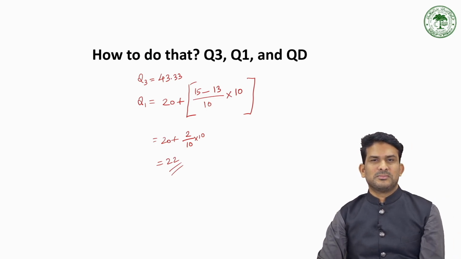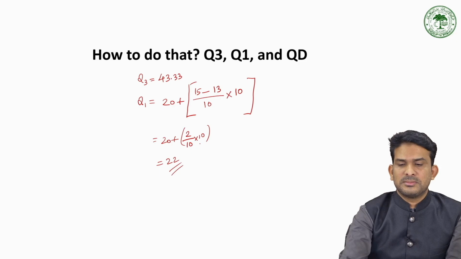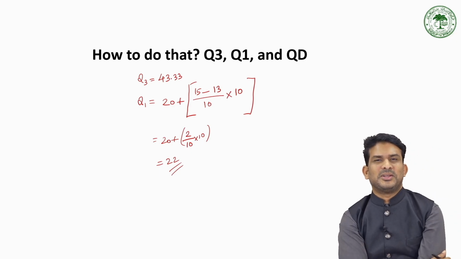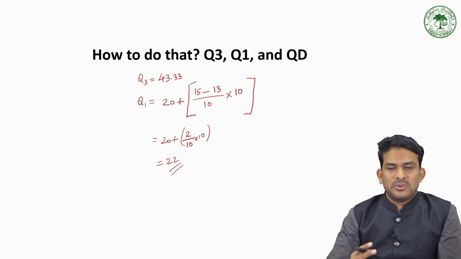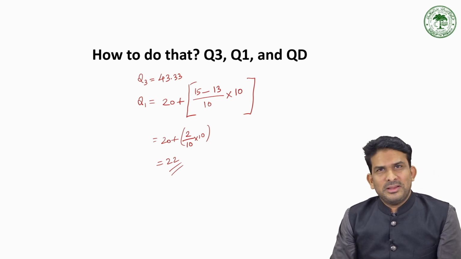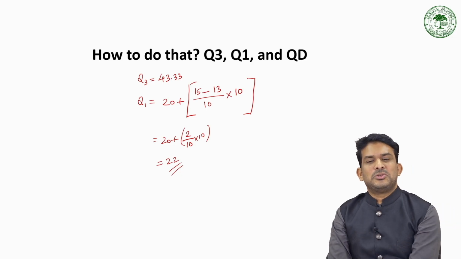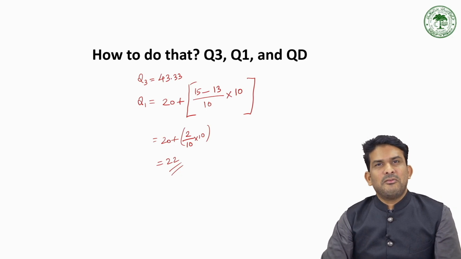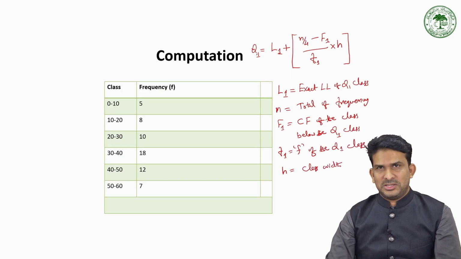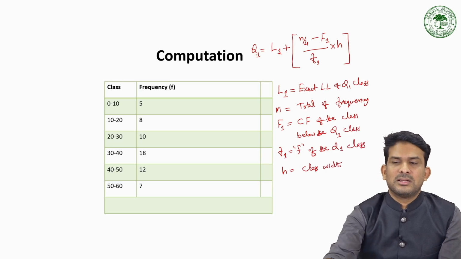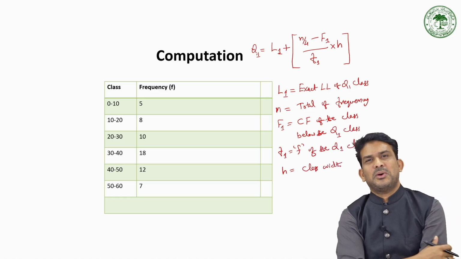Any confusion? We got a value. Got it? So how did we do it? We got a value 22. Am I right? How did you do that? Again, let me come to the quartile deviation equation. L1 plus n by 4 minus capital F1 upon small f1 into h.